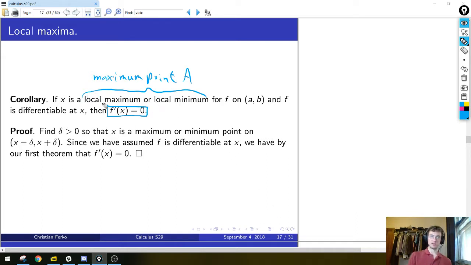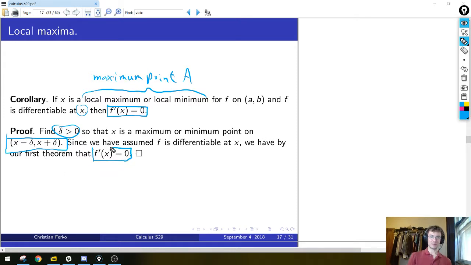You just use the definition of local max or local min, pick a delta, so that x is a max or min on this interval, x minus delta, x plus delta. And now we can apply the previous theorem. The previous theorem told you that if f is defined on this open interval and it's differentiable at x, and x is a local max or min, then f prime is 0. Well, we've got our open interval now by using the local max or min property.